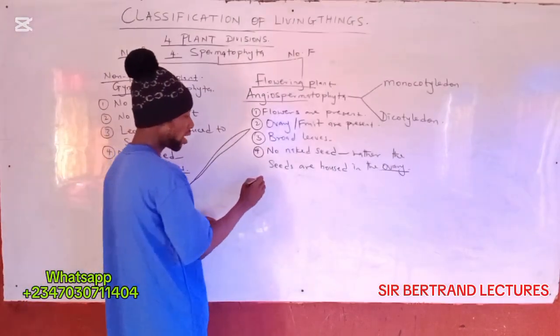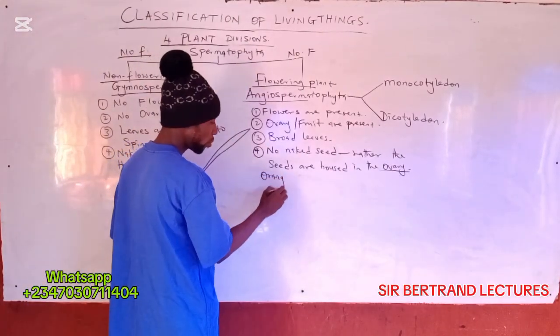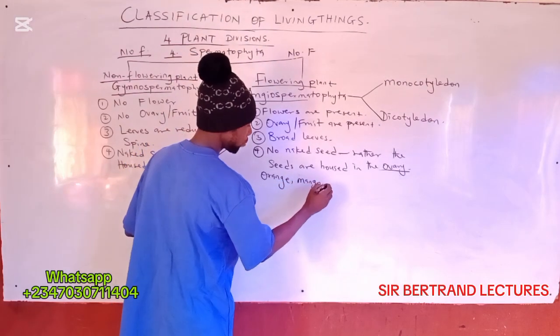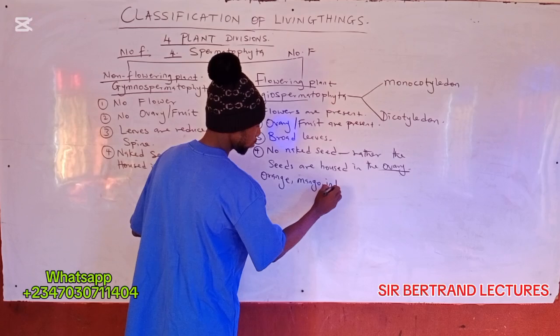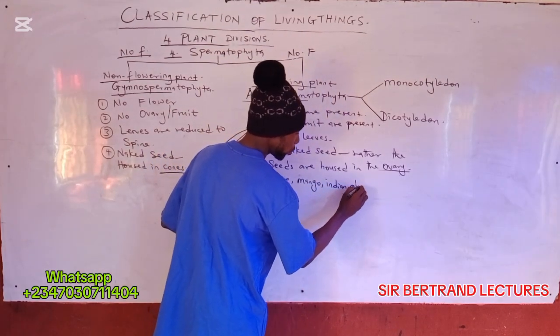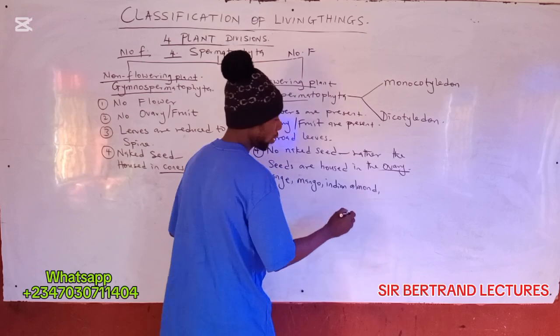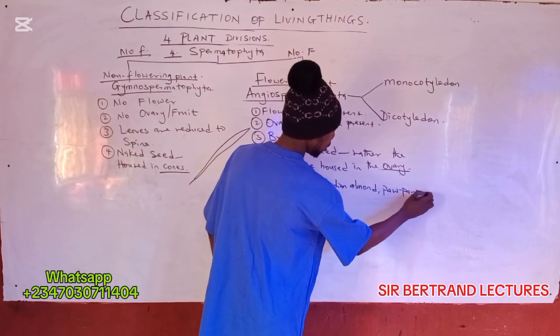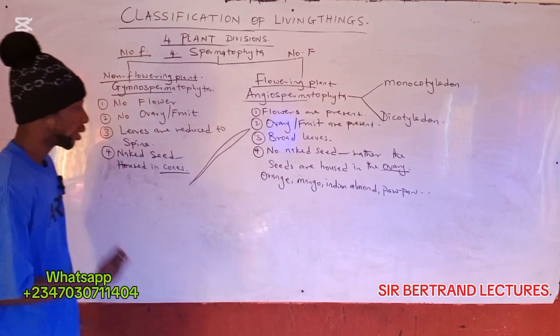What are the examples here? We have orange, mango, Indian almond, pawpaw, and some others.